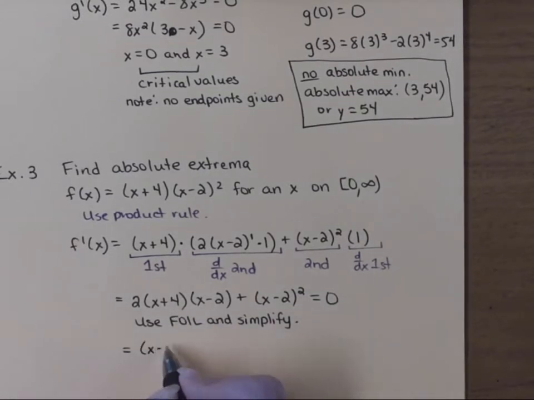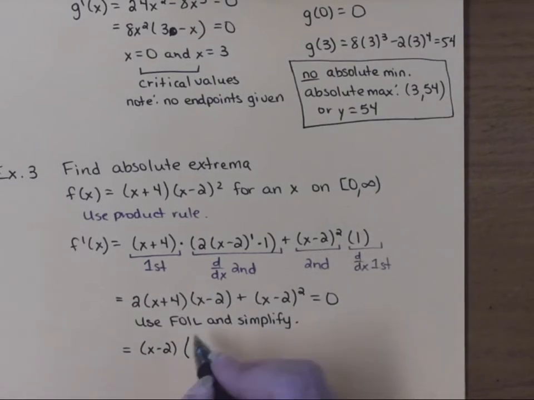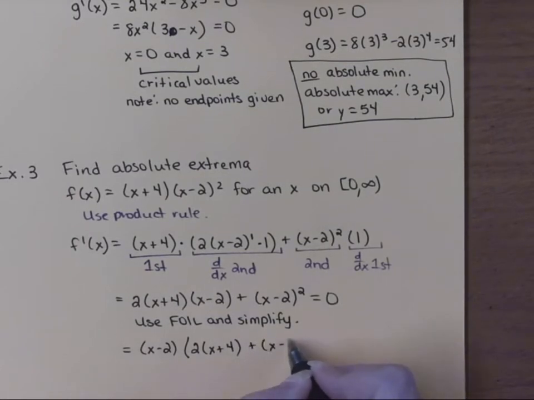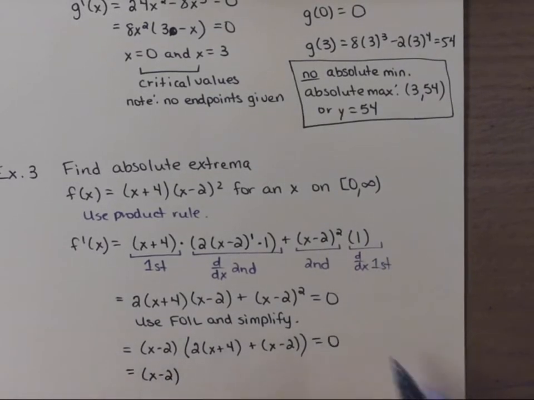What they have in common is an x minus 2. Then what would be left if I factored that out is 2 times (x plus 4) in the first group and an (x minus 2) in the second group. And then we get (x minus 2) times (2x plus 8 plus x minus 2), equal to 0.